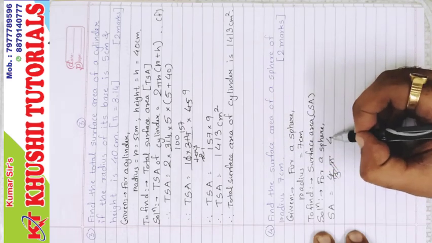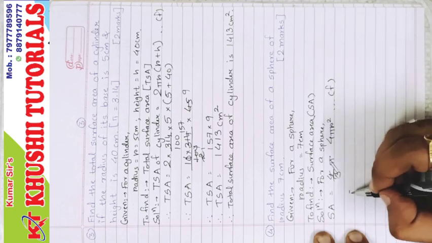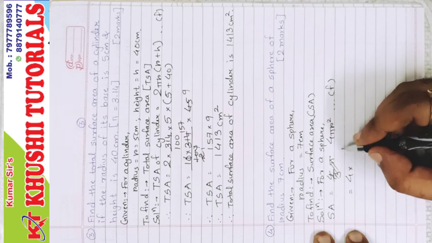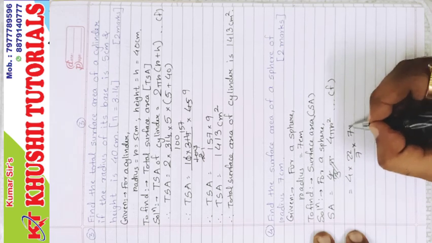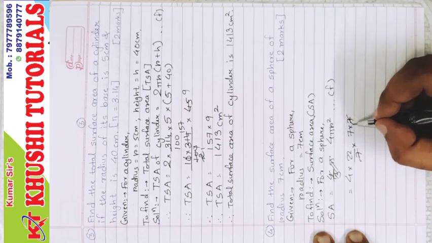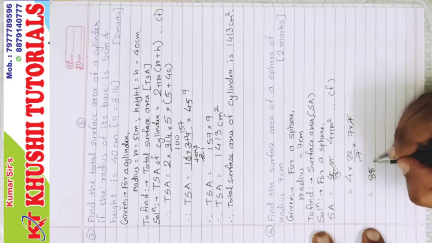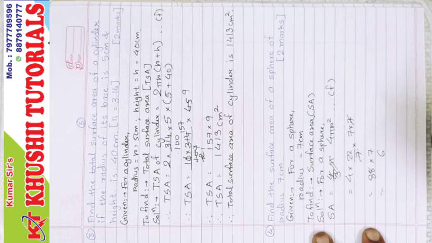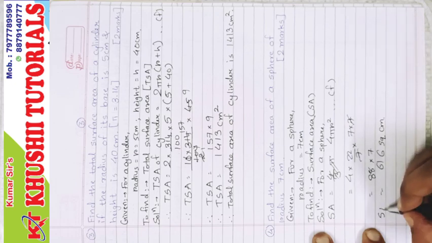Surface area is 4 pi r square, and that is the formula. 4 into pi, value 22 upon 7, r is 7 into 7, 7 will get cancelled. 22 4s are 88 into 7, 8 7s are 56, 5 8s are 40, and 5 is 61, so 616 square centimeter, that is the surface area.